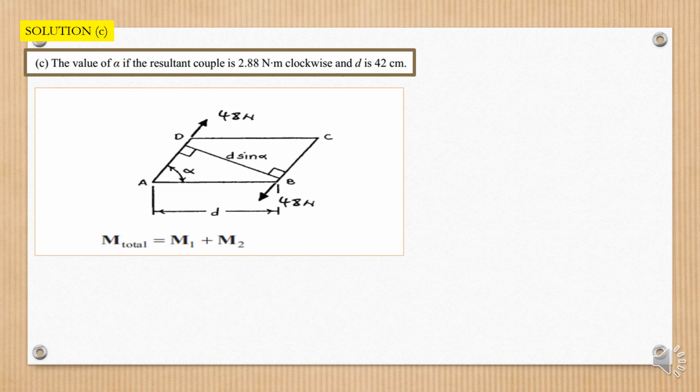It is known that the resultant of the couple, M total in this case, is 2.88 Newton meter, and the distance d here is 42 cm.